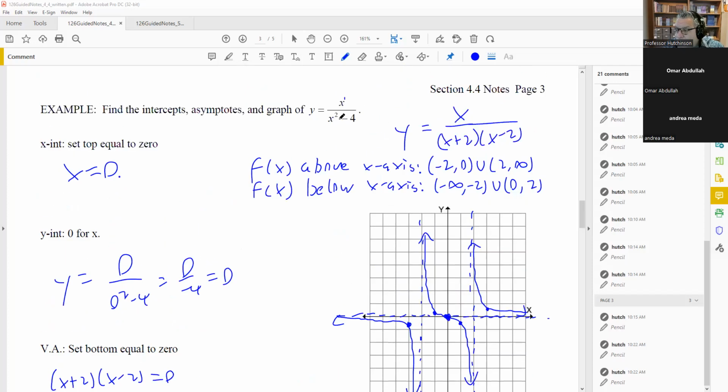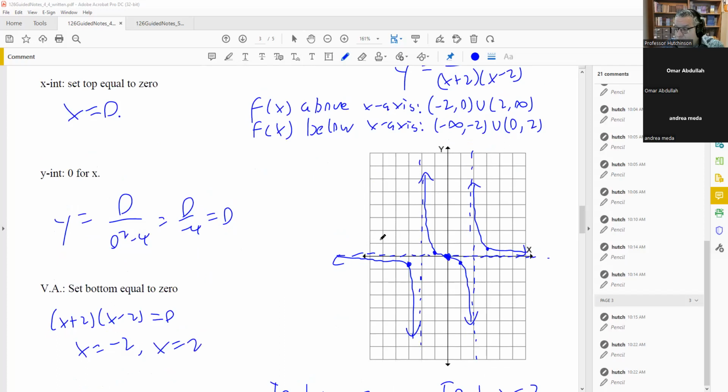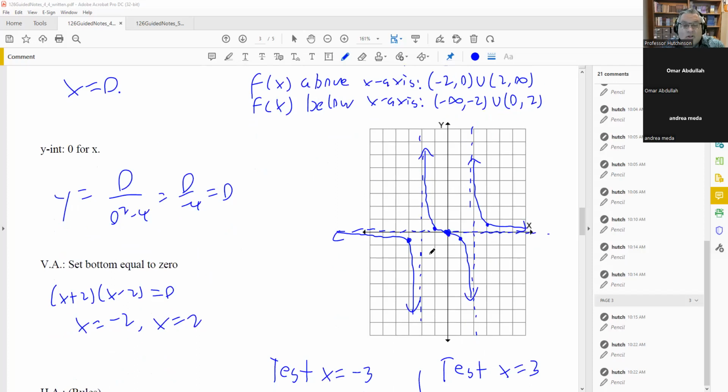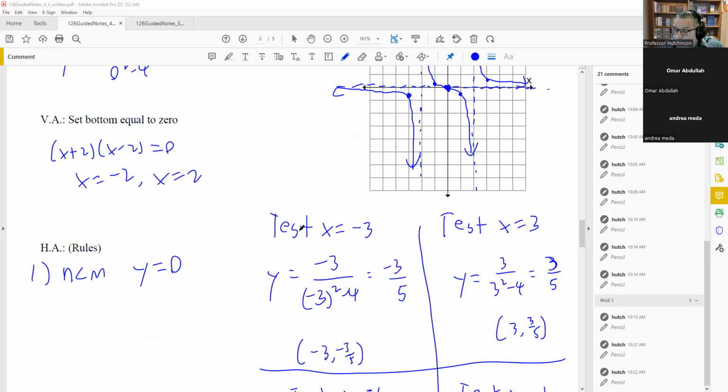But then you'd have to set it up as greater than 0 or less than 0 and go through the table method or number line method. It's a lot easier just to use your graph as the answer, assuming your graph is correct, because if your graph is not correct, you won't get these correct either. But it'll still be easier once you have a graph that's drawn.